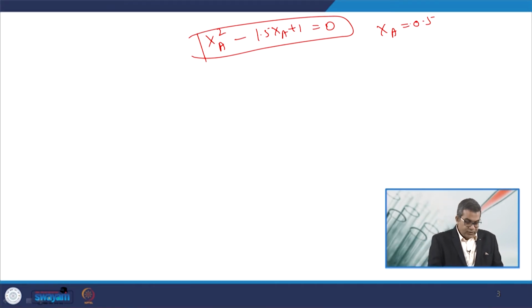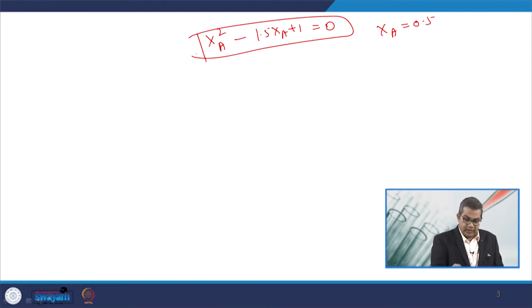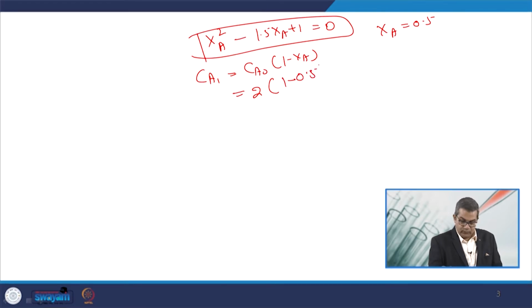Now the concentration at point 1 can be given as Ca1 is equal to Ca naught into 1 minus Xa, and if we substitute all the values, this is 2 into 1 minus 0.5, that is 1 kilomole per meter cube.